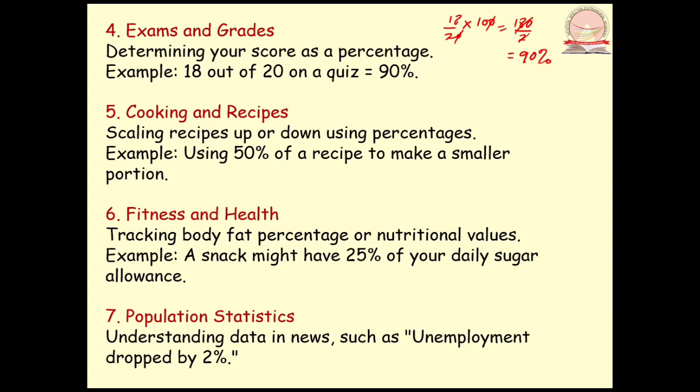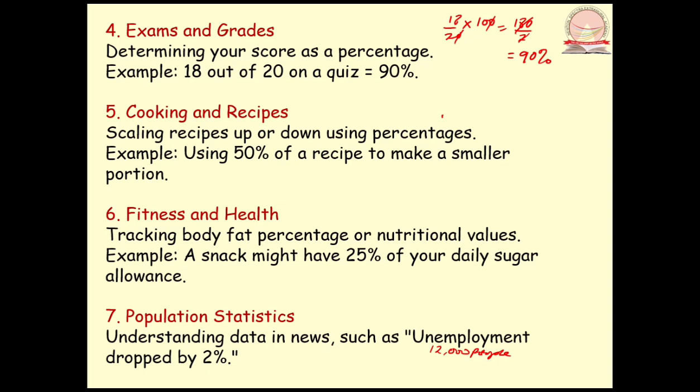Another area where we apply percentage is population and statistics. So understanding data in news such as the number of babies in the country, the number of unemployed, the number of students in a particular state, we can consider the knowledge of percentage. So let's take for instance, if you have 12,000 people in a state, and out of these 12,000 people, 2% are unemployed.